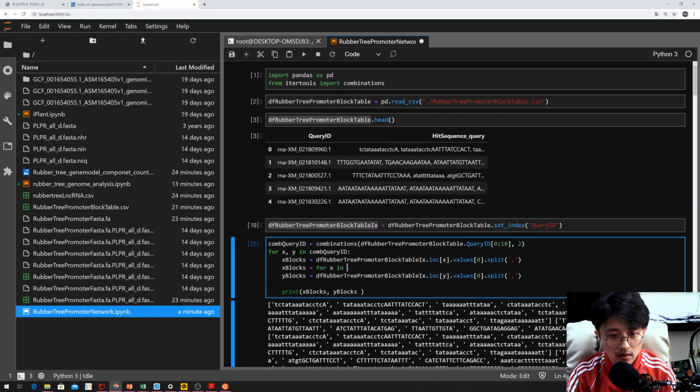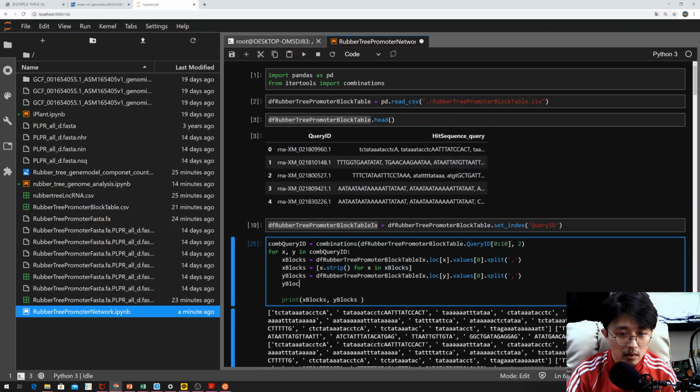For x in x blocks, x strip. Okay, good. And y blocks, x strip for x in y blocks.